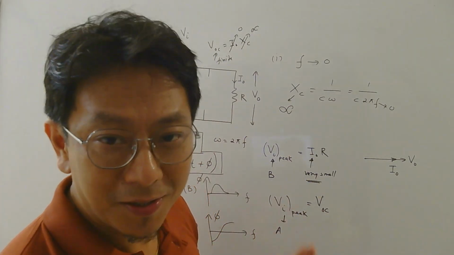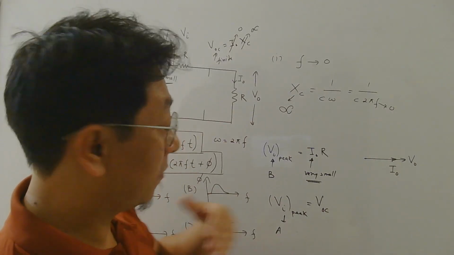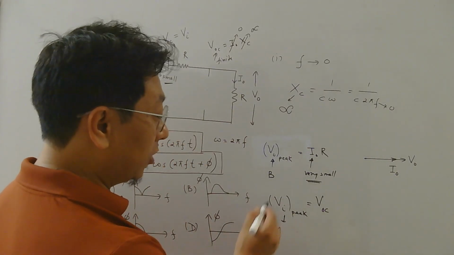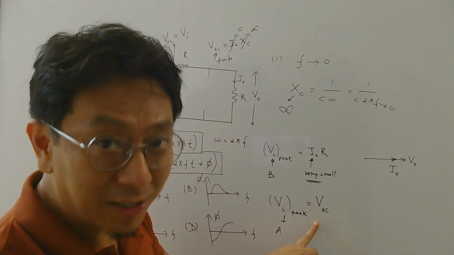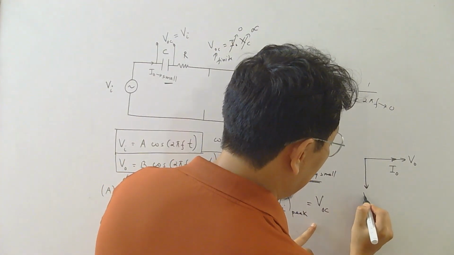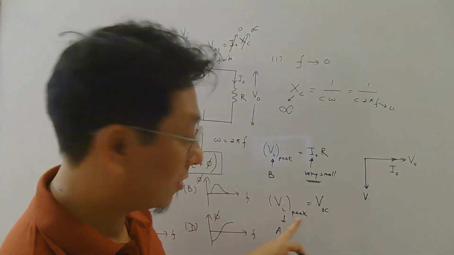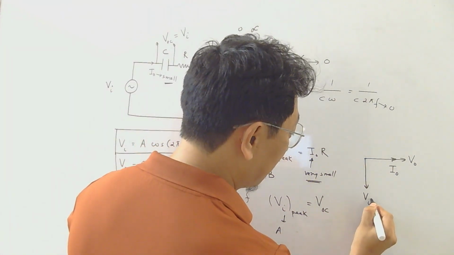So now in capacitor we know that current leads voltage. So if current leads voltage, it means voltage across capacitor lags behind current. So voltage across capacitor will lag behind current. But that voltage across capacitor is also your input voltage.